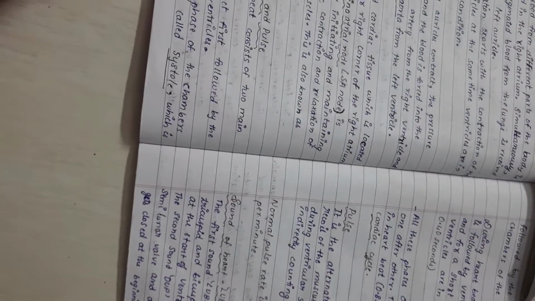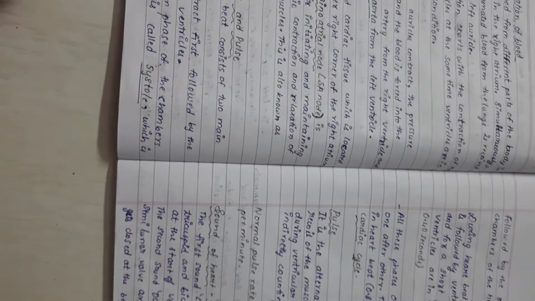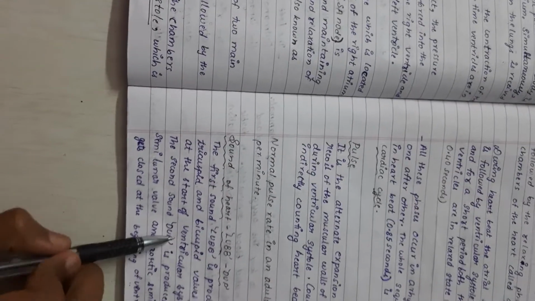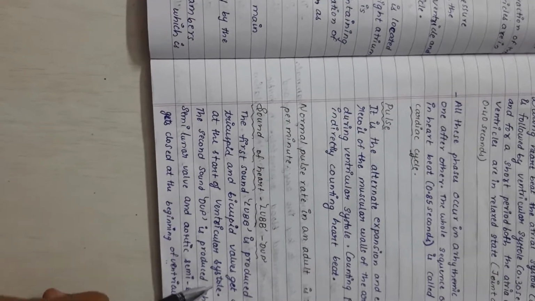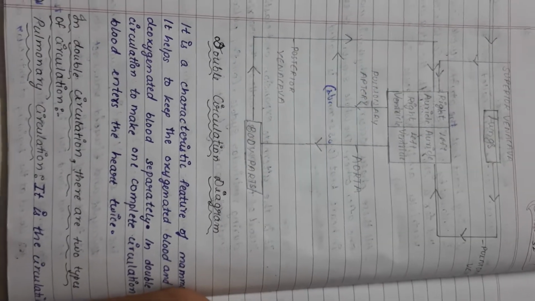So that is the sound of dup. This dup is during the ventricular diastole. The lub is during the ventricular systole. Okay. Now I told you this is the circulation. You can see the image.